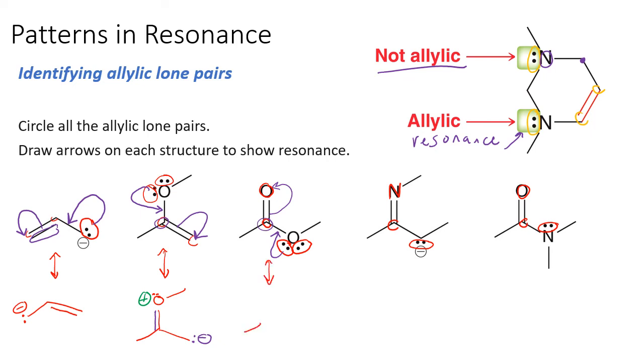We'll draw our skeleton for our structure here. We have this right here, and I haven't placed any of our movements yet. We moved our allylic lone pair in between this carbon and this oxygen, so there's a double bond there now.